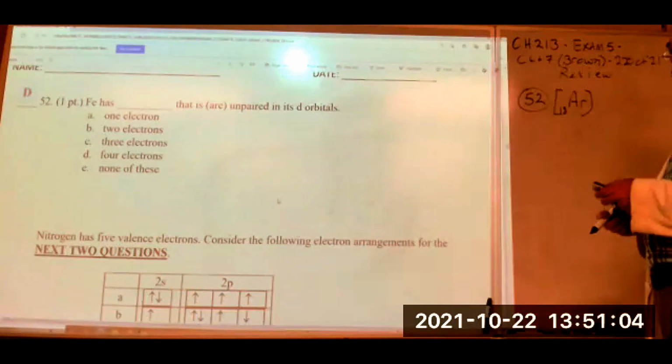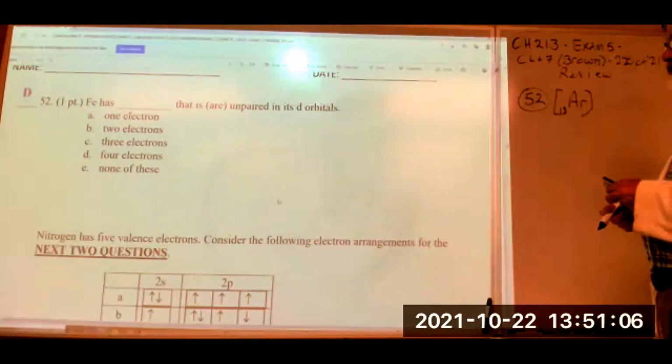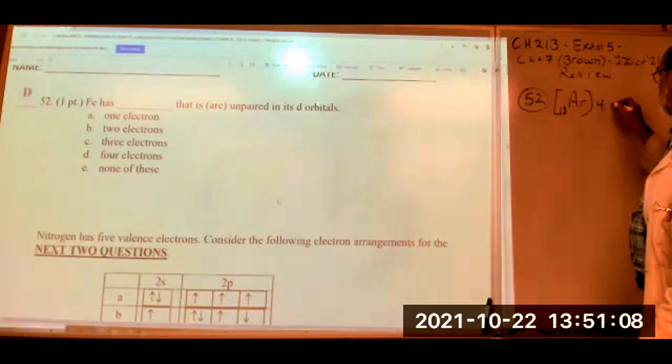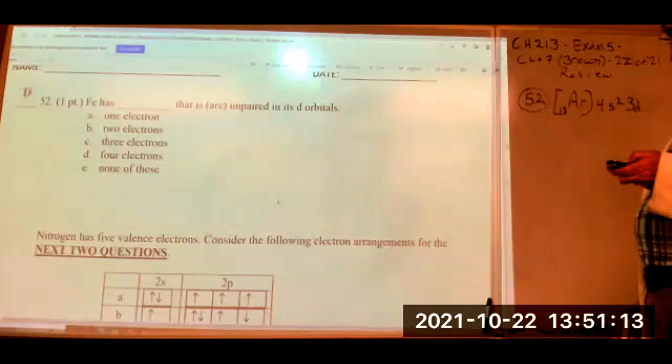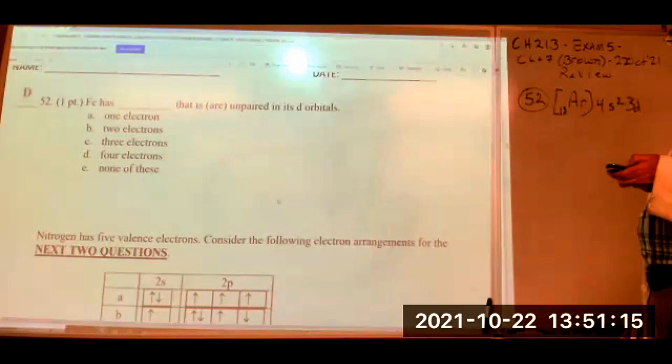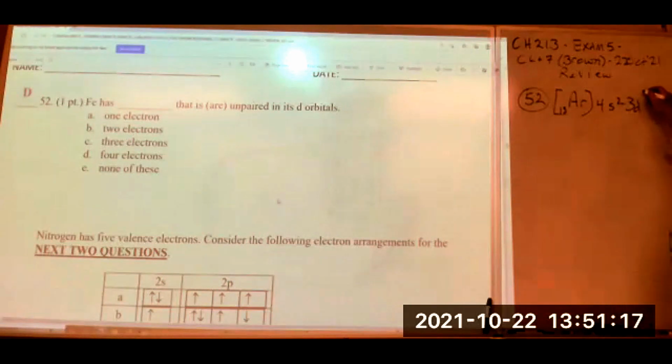All right, so after argon, we get to 4s2, and then 3d what? 1, 2, 3, 4, 5, 6. 3d6.